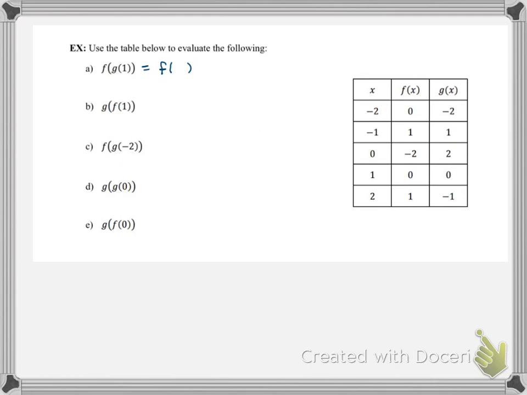So my input is 1. If I plug that into g, I get 0. So I'm finding f of 0. My input is 0. Plugging that into f gives me negative 2.